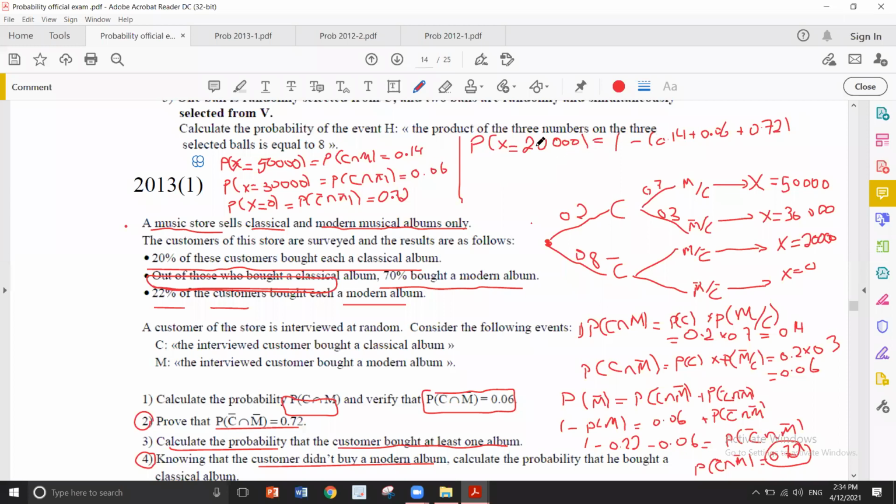We found 3, and the last one I can put as 1 minus all the 3. Or the probability that X equals 20,000 equals the probability of C bar intersection M. How to calculate the probability of C bar intersection M?